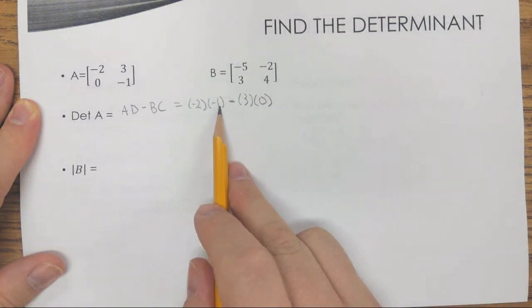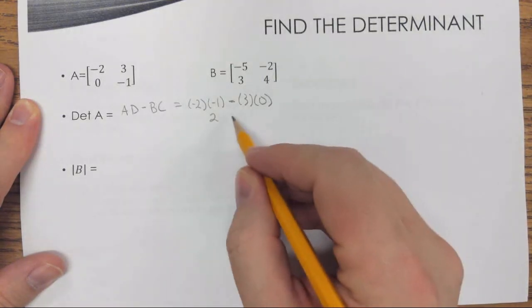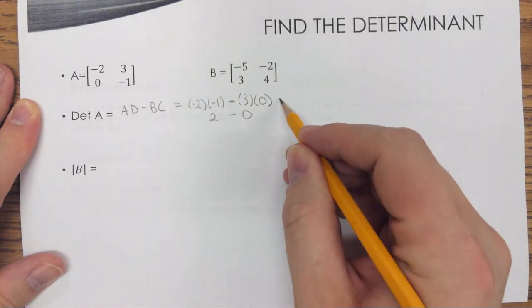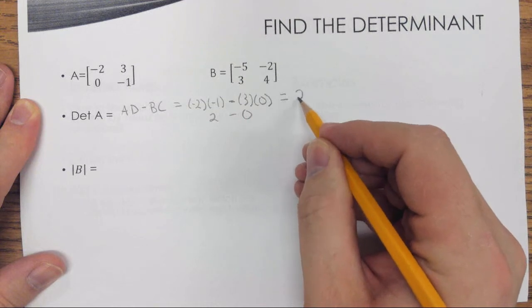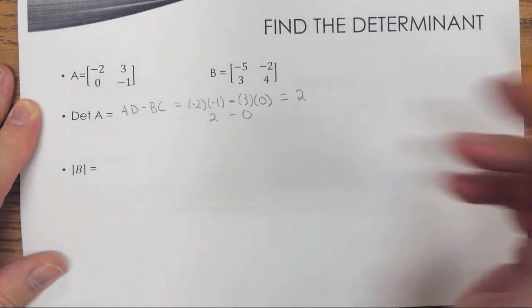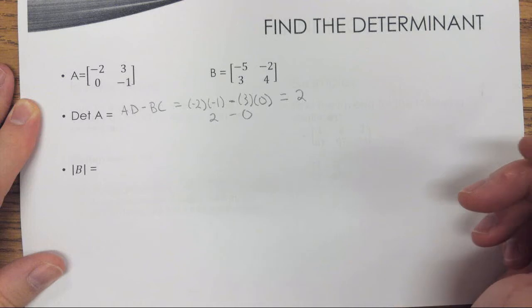Negative 2 times negative 1 is going to be 2. 2 minus 3 times 0 is 0. This is equal to 2, which means that the matrix inverse exists.